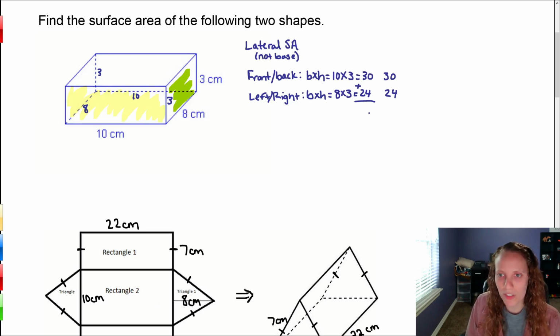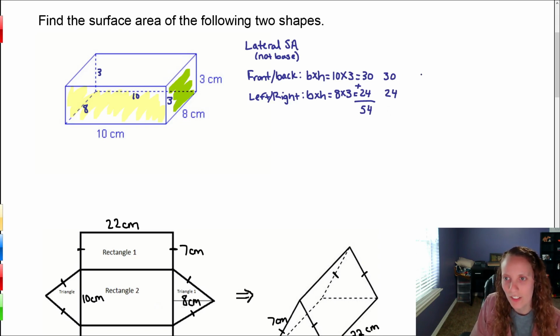So 30 plus 24 would be 54. So again, we can do that times 2, or we can add 54 plus 54 to give us our answer. Either way, it will give us the same answer for lateral surface area. So 54 times 2, 4 times 2 is 8, and 5 times 2 is 10, so that would be 108. And again, this is called lateral surface area.